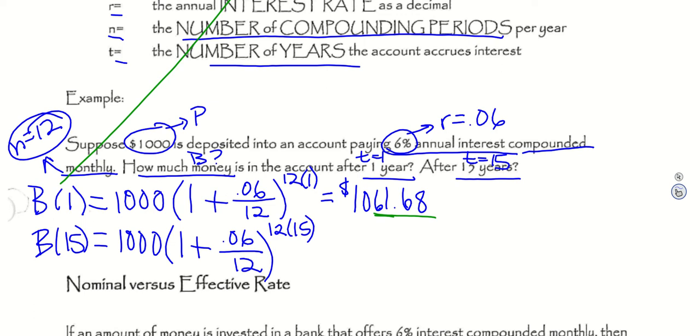So we would make sure that all of this gets multiplied together and put into our exponent, put that in our calculator, and we end up with $2,454.09. So over the course of 15 years, our initial deposit, $1,000, grows by almost 2.5 times.